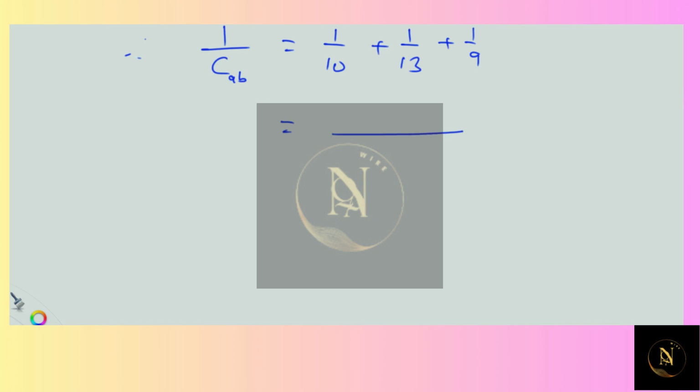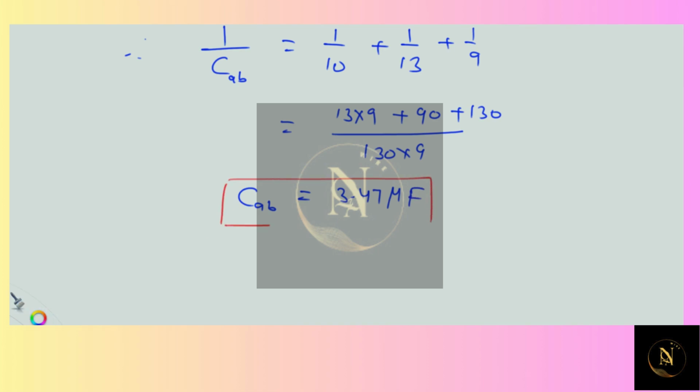Its LCM is 130 multiplied by 9. So here it comes out to be equal to 13 multiplied by 9 plus 90 plus 130. So this CAB is calculated to be equal to 3.47 microfarad. Answer for the first part of this given problem.